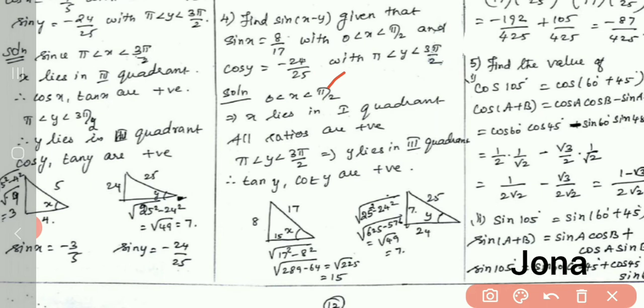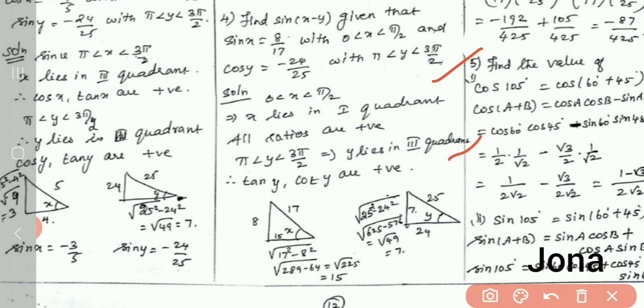Here for x it's given, it lies between 0 and pi by 2. That is in the first quadrant. In the first quadrant all the ratios are positive. Okay, and then the second one is given, y lies between pi and 3 pi by 2. That is in the third quadrant.